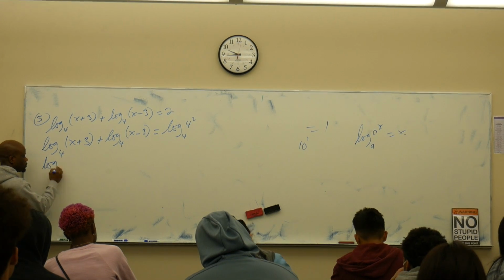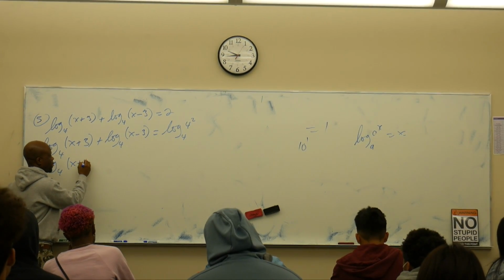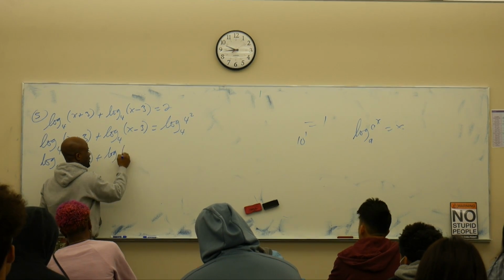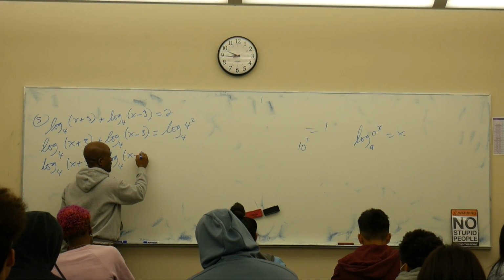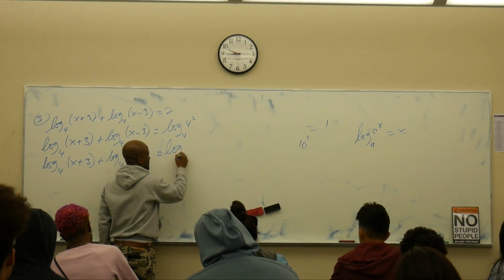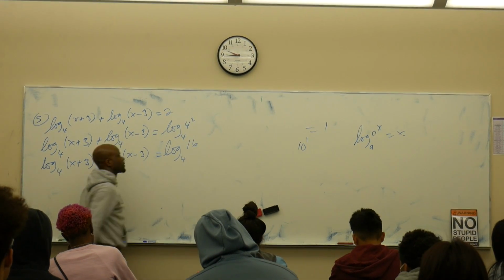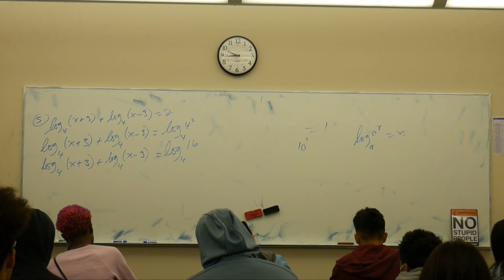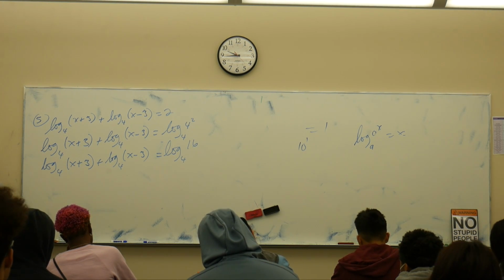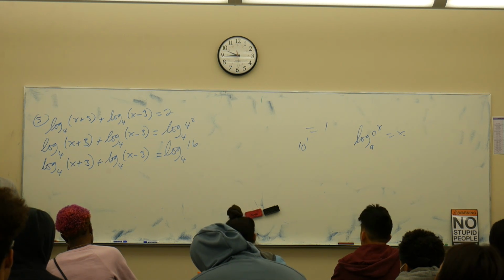Now, what is 4 squared? 16, okay. Now we have all log base 4s everywhere. We have everything in the same plane now. We can compare them because they all are like that.